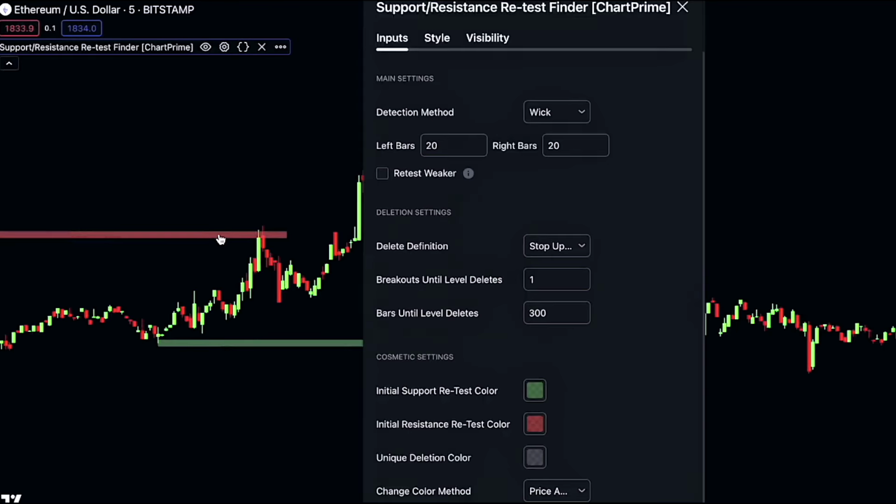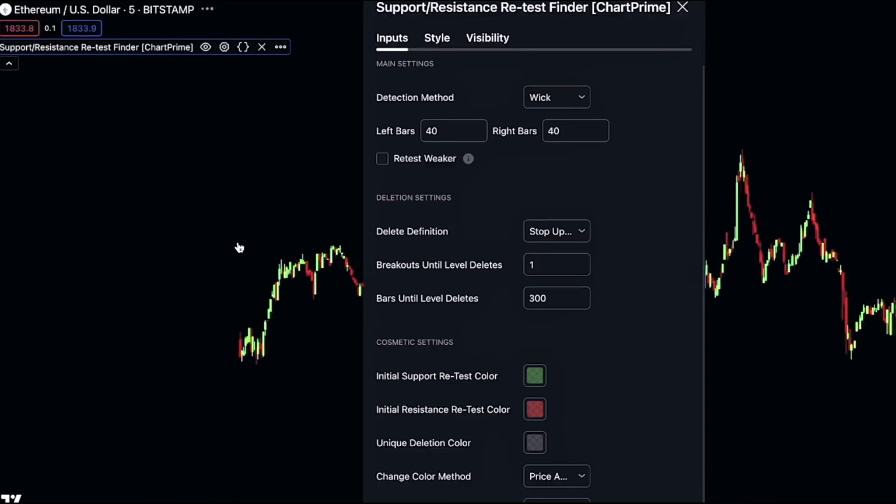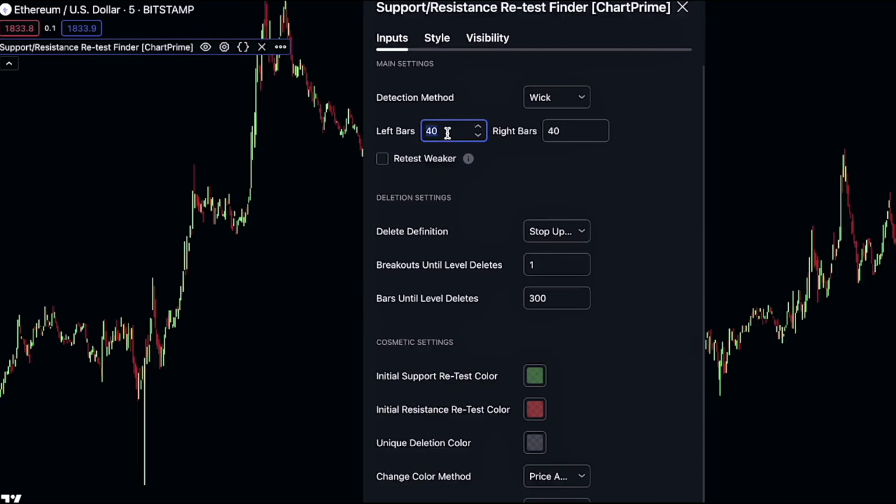You can tweak the settings to detect retests based on the wick or the candle body. Another setting to play with is the pivot length. For example, bumping it from 20 to 40 will give you fewer signals. I'd stick with the default settings for the best results.